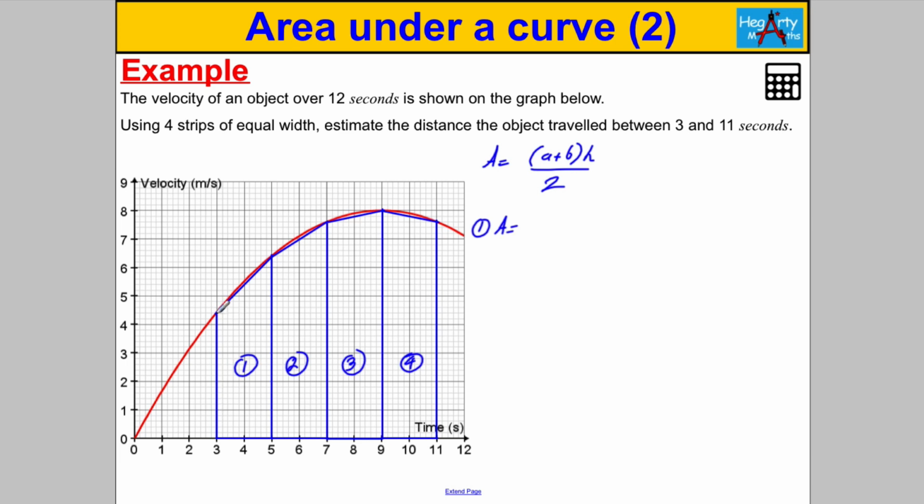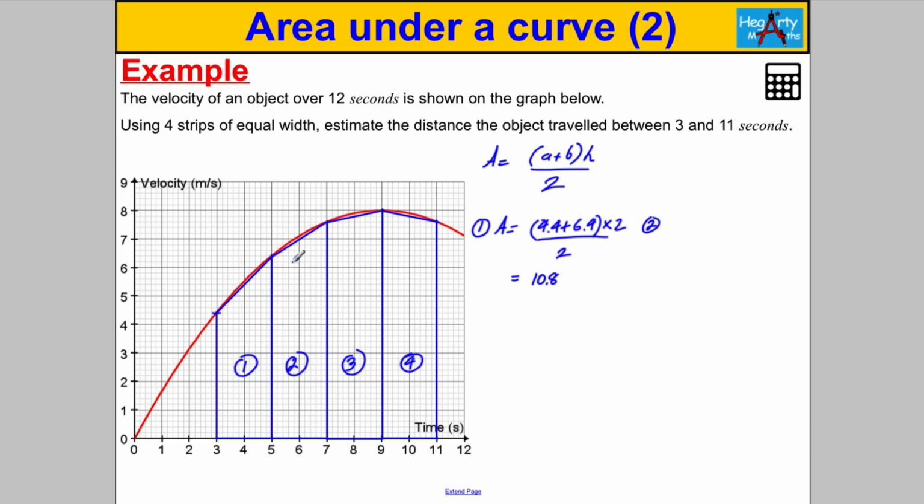The area here, well, this here looks like it's 4.4 high, so it's 4.4 add 6.4 multiplied by 2 apart and divided by 2. So when we do that, we get ourselves 10.8.